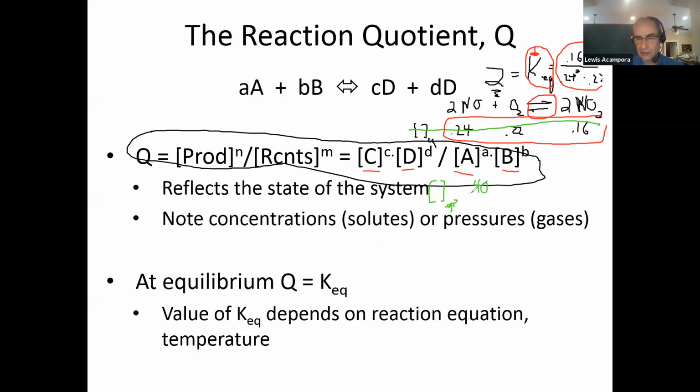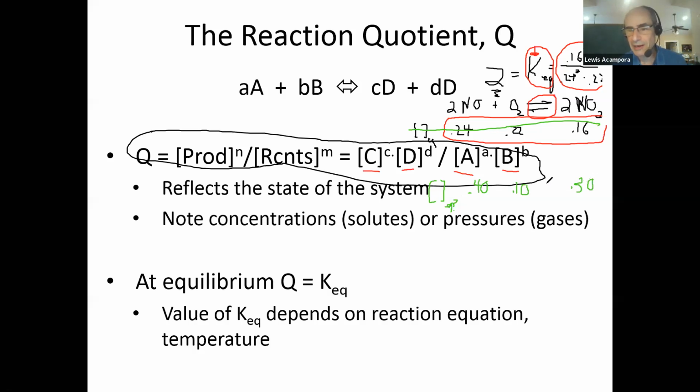Boy, that green's a pretty ugly color, sorry about that. And this might be 0.1, and the NO2 at this instant might have a concentration of 0.03. I'll try to make these numbers easier. Is this system at equilibrium? Well, unlikely, because I just made those numbers up, but how would I check?